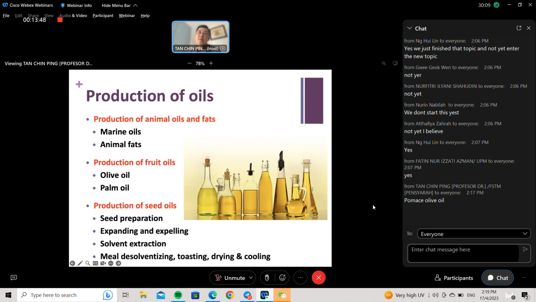But of course, when you take a look at vegetable oil volume, there is also a very huge volume going into seed oil. These are such as soya bean, sunflower seed, rapeseed, corn, cotton seed, sesame, groundnut, and so on.